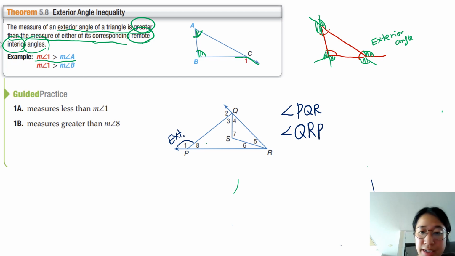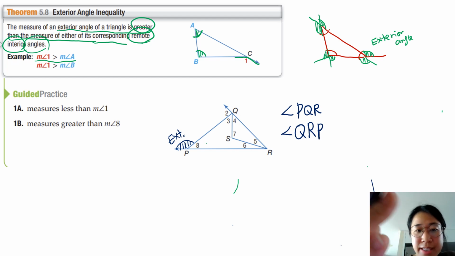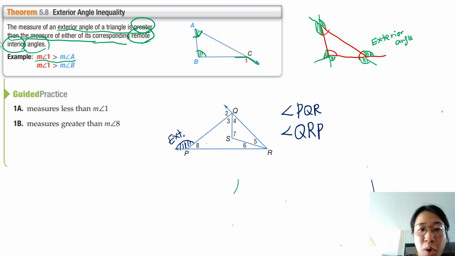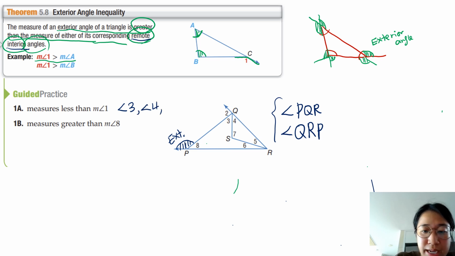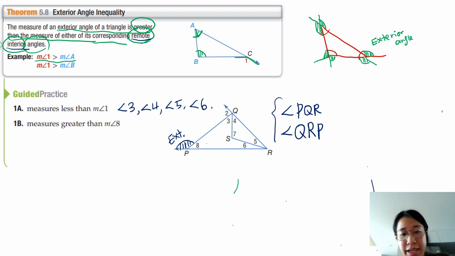So angle 1 is the exterior angle. It's greater than remote interior angles, in this case these two. So I can say that the answer is angle 3, angle 4, angle 5, and angle 6.